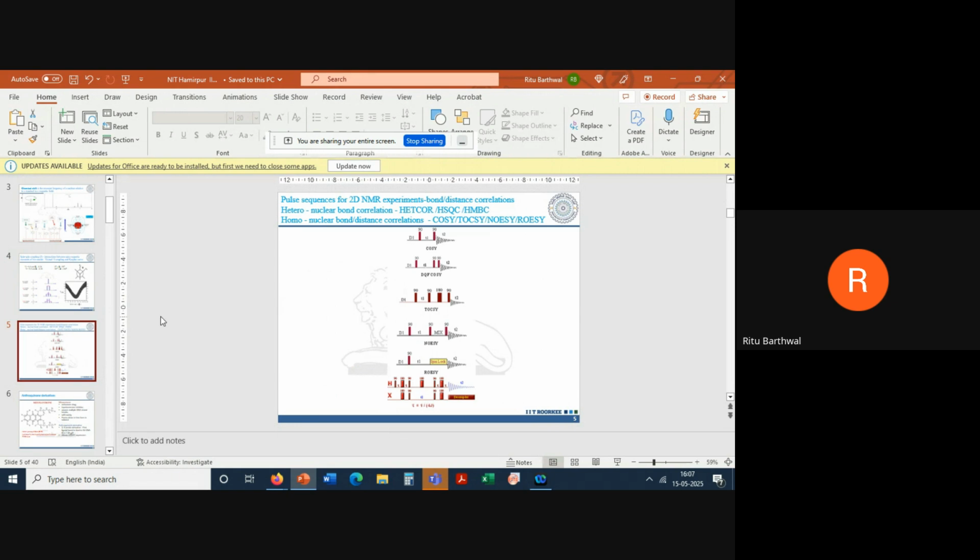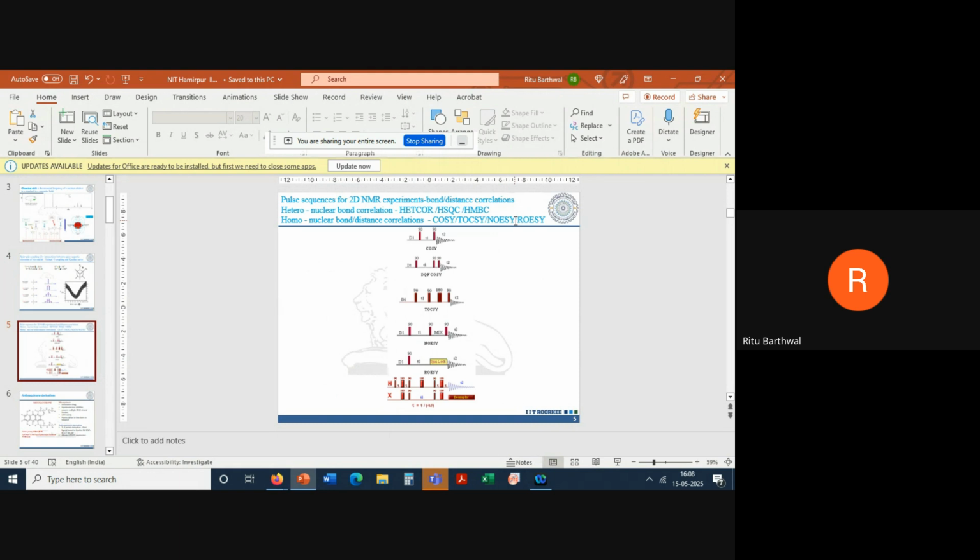One more thing we do: since our molecules, DNA and all, are very complicated, we have very specialized techniques by which we are able to do correlation. We call this proton-proton correlation. We are able to do a lot of these correlations and distance calculations, and we need some special double pulse techniques to do it automatically.